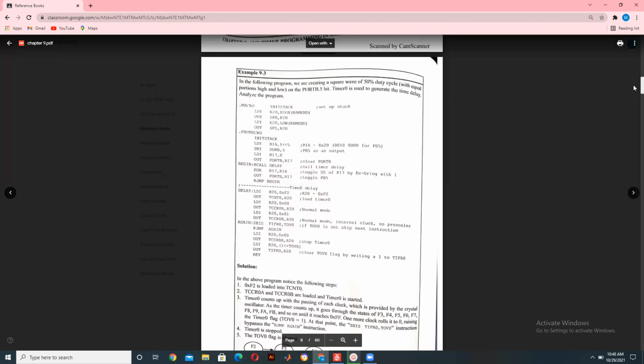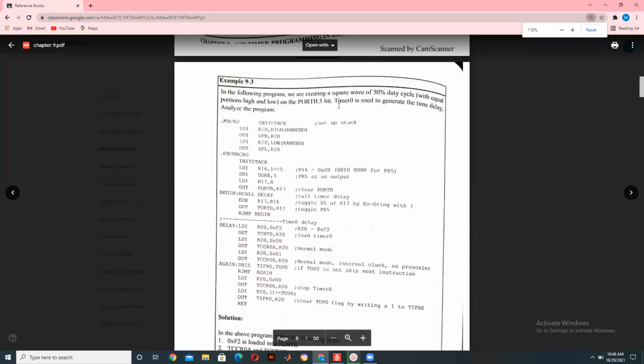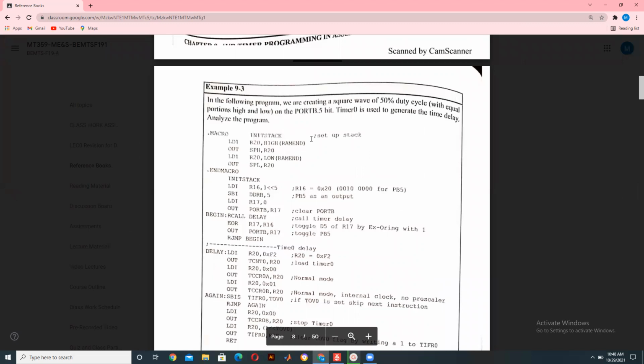For this, we would be writing assembly language code. First we write .MACRO, LDI, .ENDMACRO, then a macro to initialize the stack.